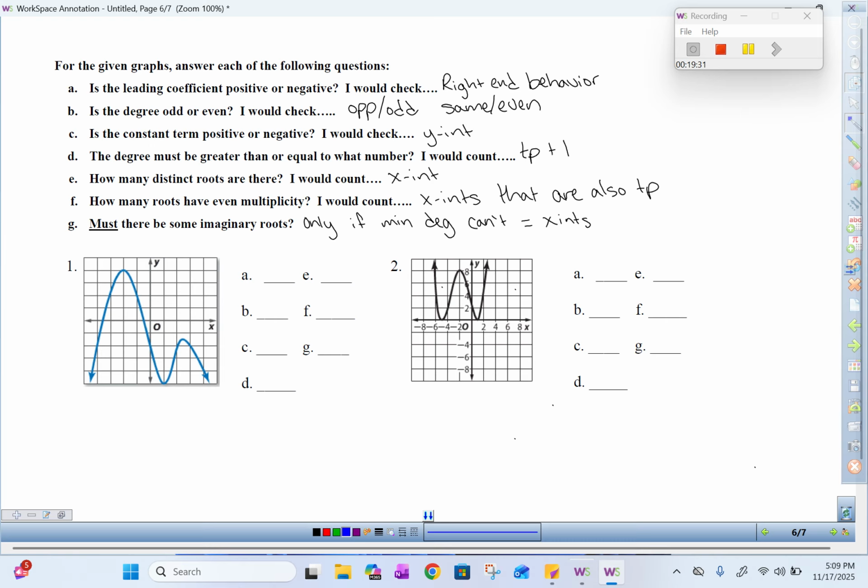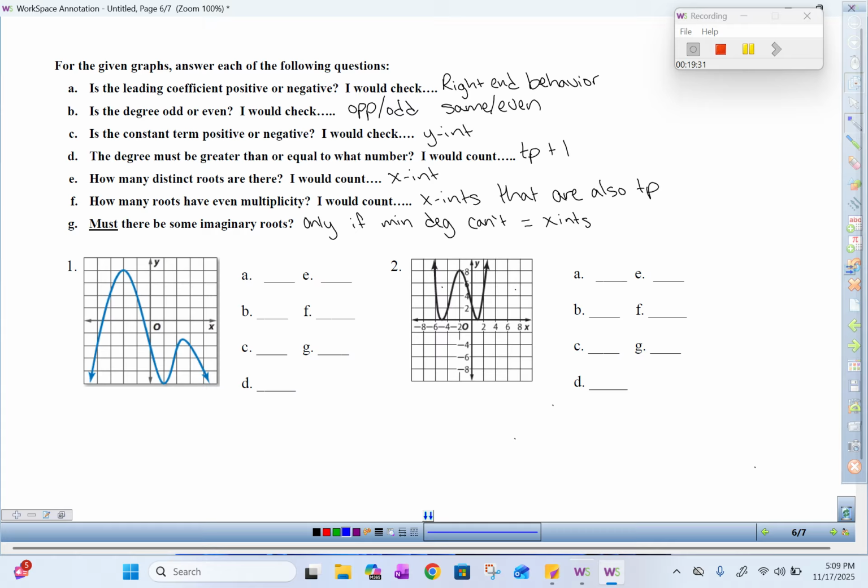As a reminder, leading coefficient goes with the right end behavior, whether it ends up or down. Odd or even is determined by whether they're both pointing the same direction or opposite directions. This constant term we haven't talked about yet, but the constant is just the y-intercept. Degree must be greater than or equal to, we just did that one, turning points plus 1.